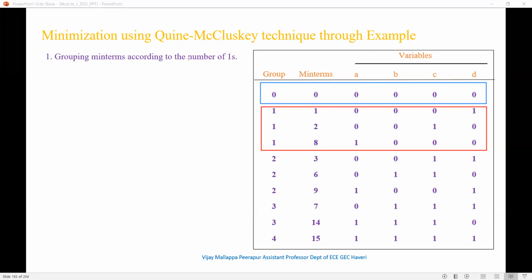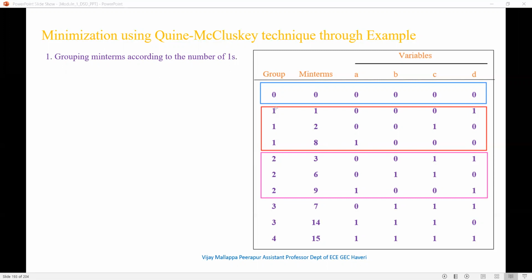Similarly, we have group 2 here. Which are the min terms that belong to group 2? 3, 6 and 9, because each contains two ones.